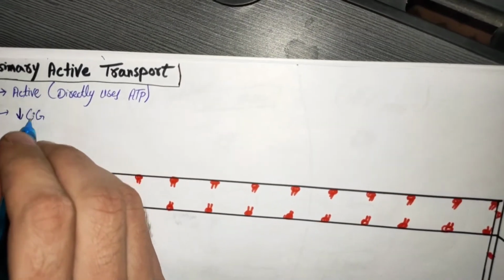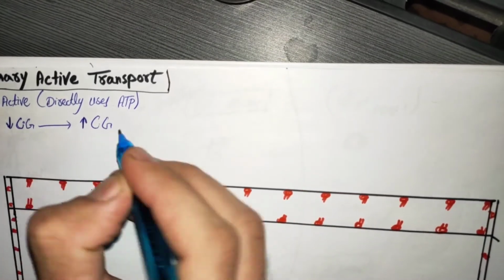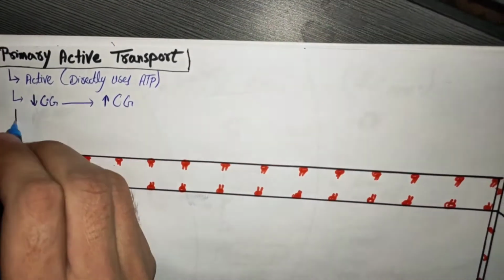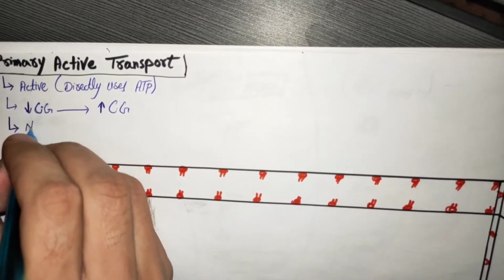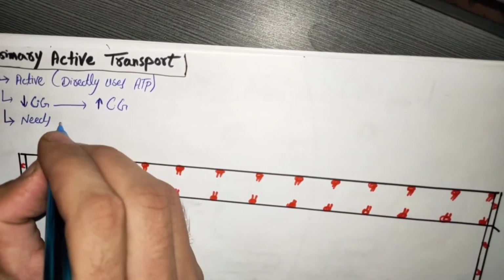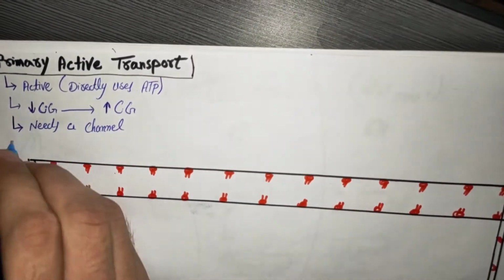And this transport moves molecules from low concentration gradient to high concentration gradient. This transport needs a channel protein or a carrier.